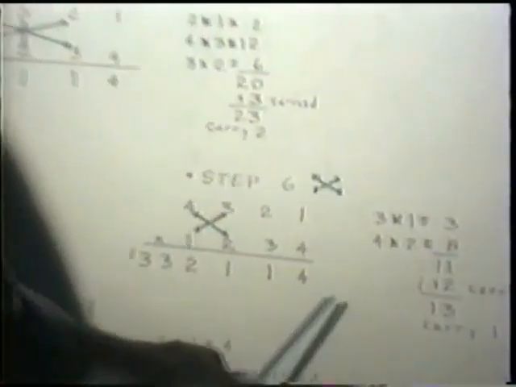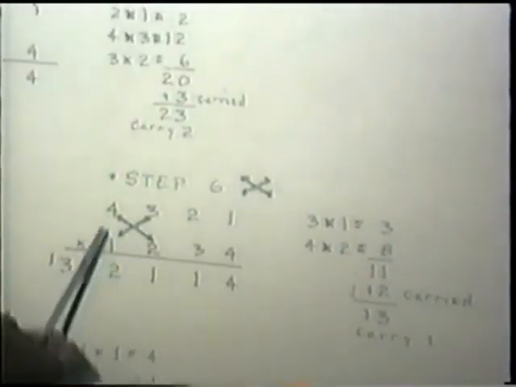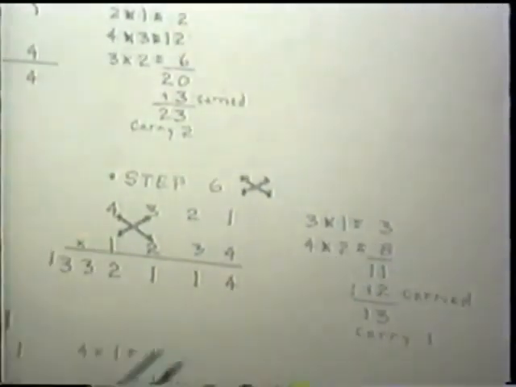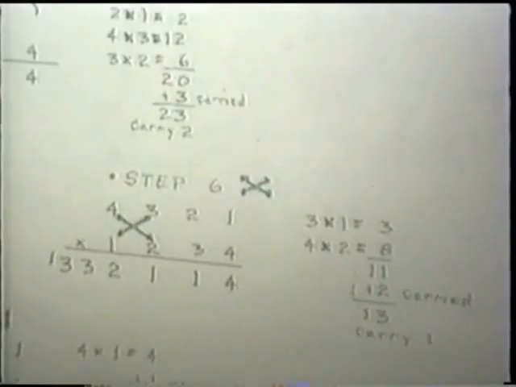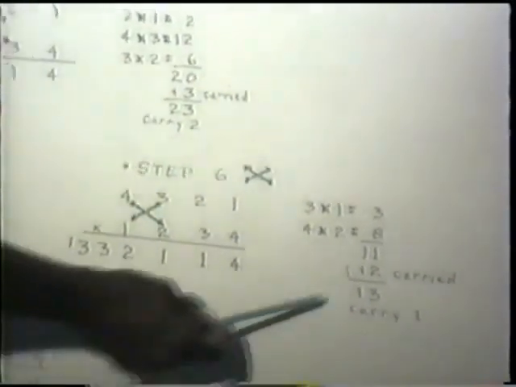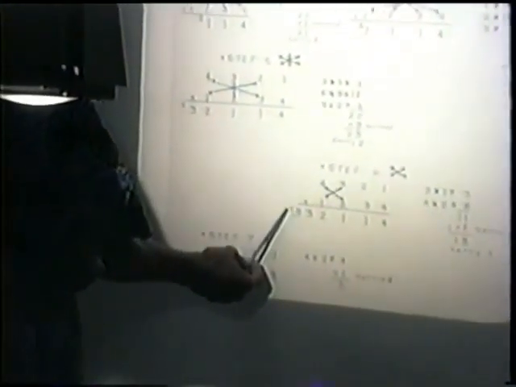Now we're in the 6th step. We cross multiply. 3 times 1 is 3. 4 times 2 is 8, and 8 and 3 is 11, and the 2 that we carried, remember we carried 2 from step 5, which gives us 13. We write 3, but we're going to carry the 1.